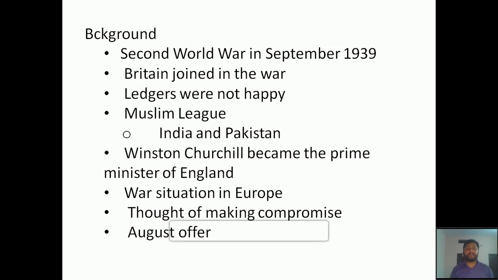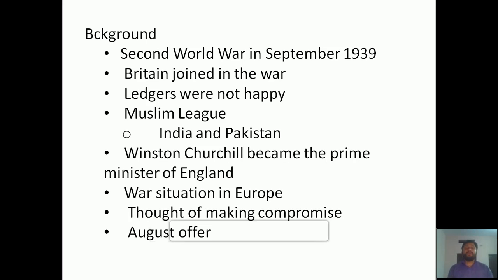As a result, the Viceroy of India made an offer to the people of India, especially to the leaders, known as the August offer. But none of the leaders, including the Indian National Congress, accepted it. They just rejected it. So this is the background or situation in which the Quit India Movement started.